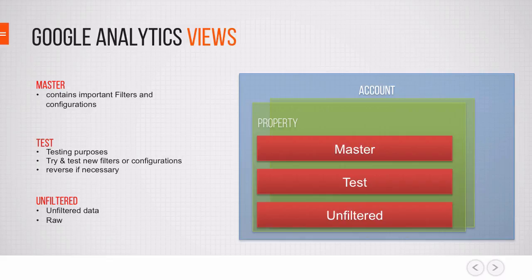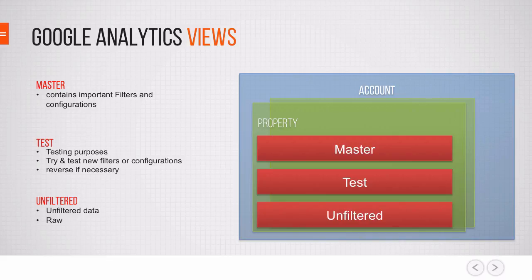That's why we set up 3 different views, to make sure that no mistakes happen with the processing of the data. The first one I want to talk about is the unfiltered view. Obviously, this view collects all the raw data just as it comes in. We don't have any filters or configurations set up.